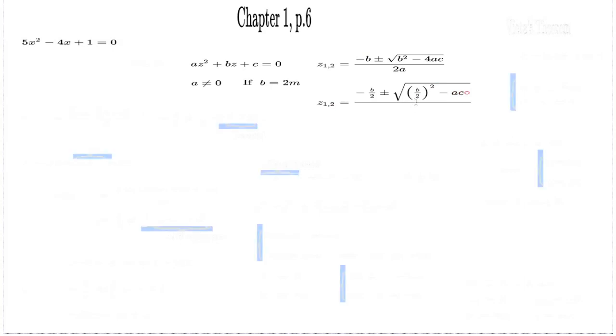You can compare this half formula with the full formula. The half formula says the roots z1 and z2 are negative b on 2, that's why we call it the half formula, and then you go for the discriminant, but that's the quarter of the discriminant, b on 2 squared take ac, and you have just a in the bottom.